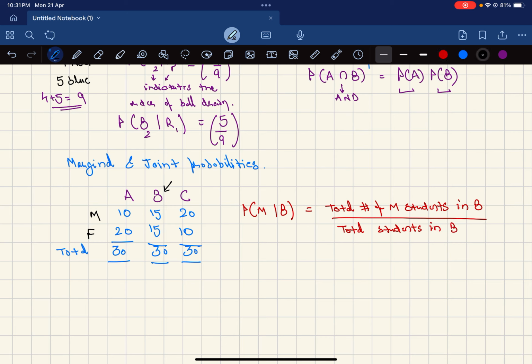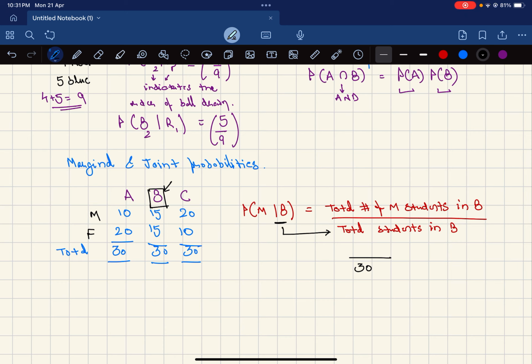Now the thing to note here is that the given condition is that we are drawing the student from class B. This given condition always goes in the denominator. Since our whole sample size itself has reduced based on the given condition that we are only selecting from class B, we have our base as 30 here, since that is the total number of students from which we are selecting a student.